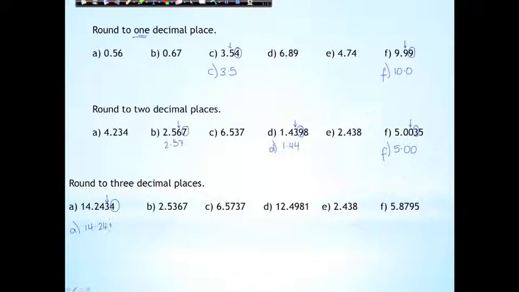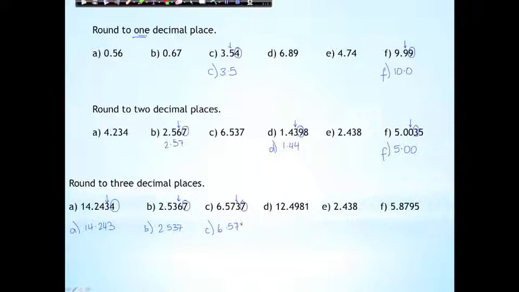The next one, let's just do B. So there's my third decimal place. 7 tells me I need to round up, so I'm going to have 2.537. For C, there's my third decimal place. 7 again, so I round it up, so I've got 6.574.